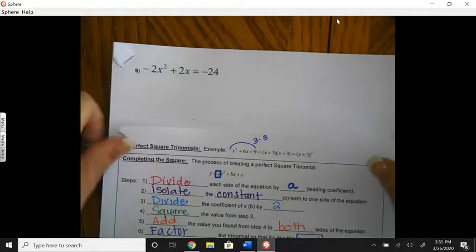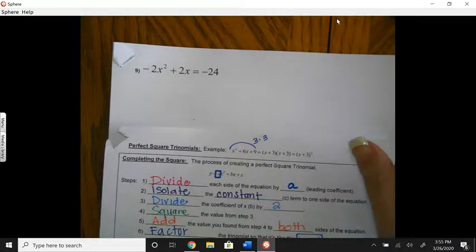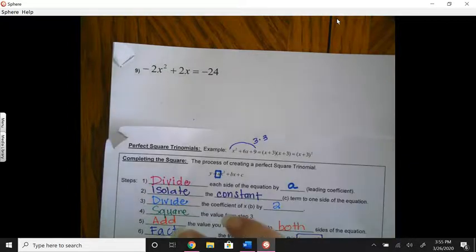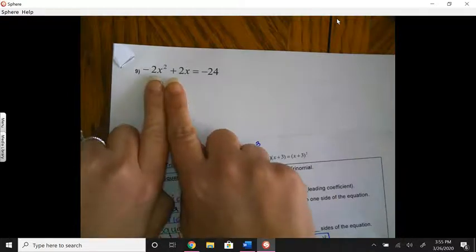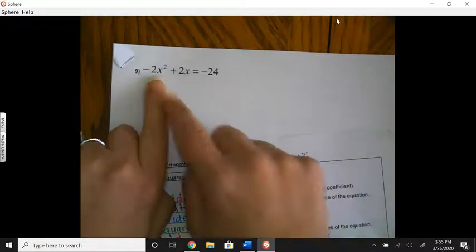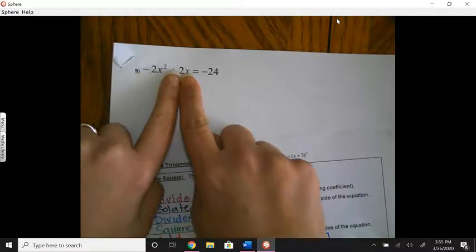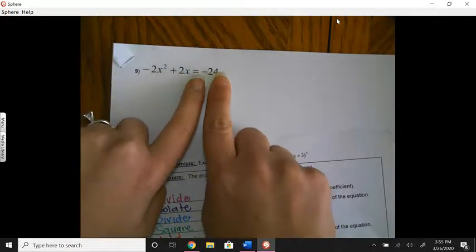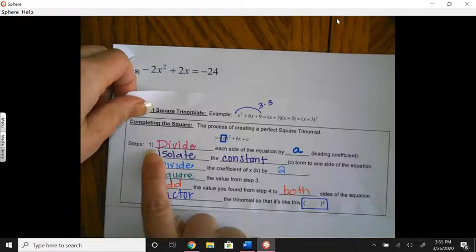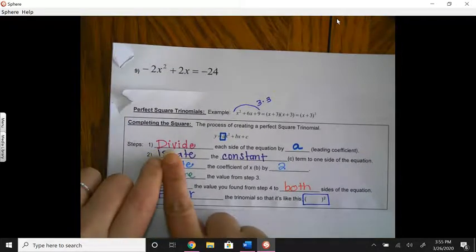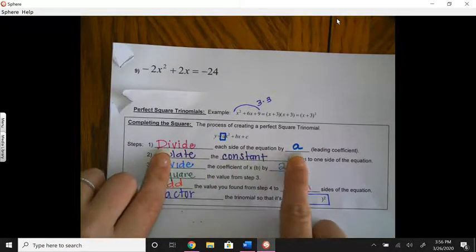Okay, so if we take a look at example 9, there's two good ways to start this problem. One way is just like before we started this section. If there's something that divides all the terms, we can start with that. Or you can just use step 1, which pretty much says divide each term of the equation by a.